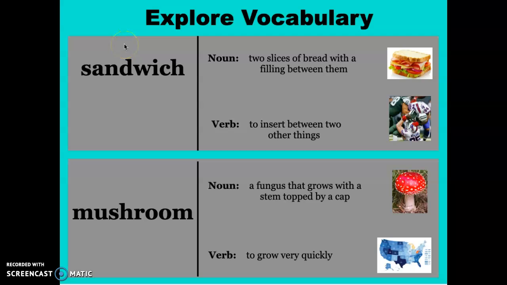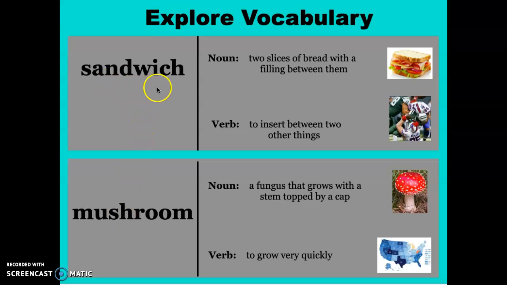We normally think of words as just one part of speech, but sometimes a word can be used in a different and creative way. You may think of the words sandwich and mushroom as nouns and as types of food, but the words can also be used as verbs. Let's take a look.